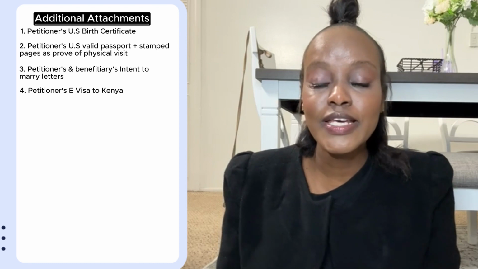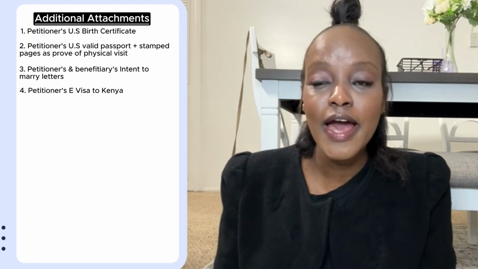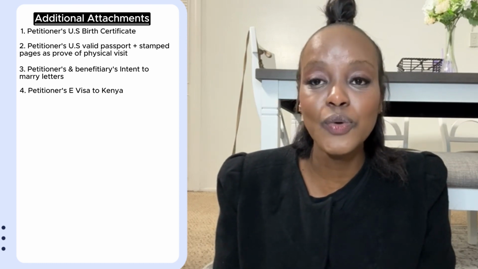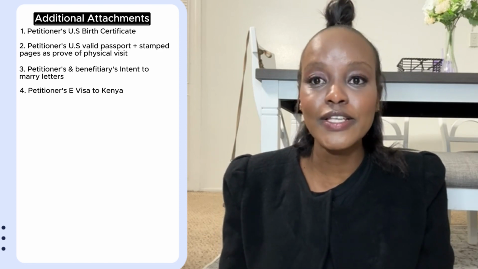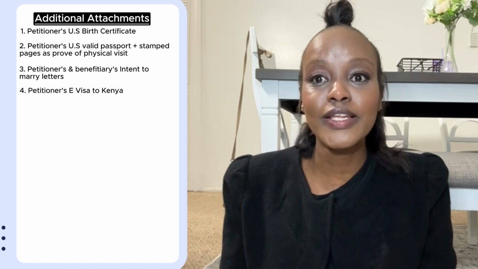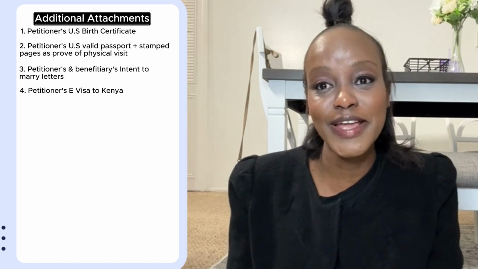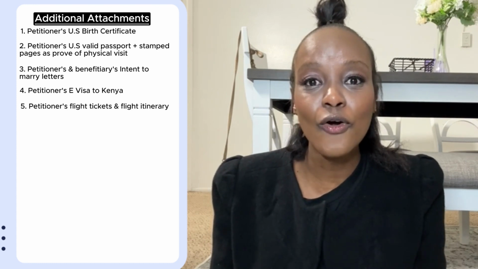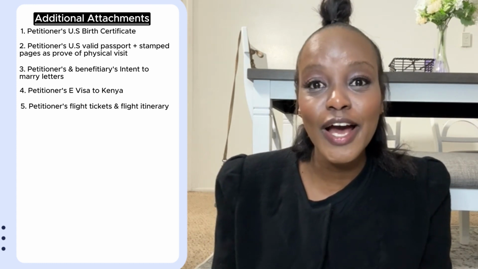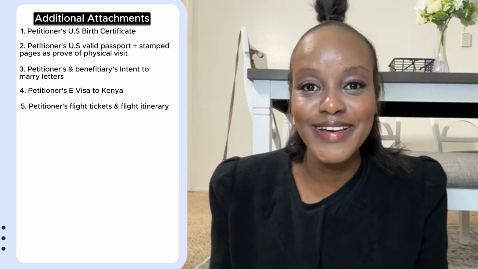Remember, I mentioned that he came to visit me in Kenya, and so before he came, he had to apply for a visa, and that e-visa is good proof that he applied to come to Kenya. Also the petitioner's flight itinerary or flight tickets to Kenya or within Kenya.